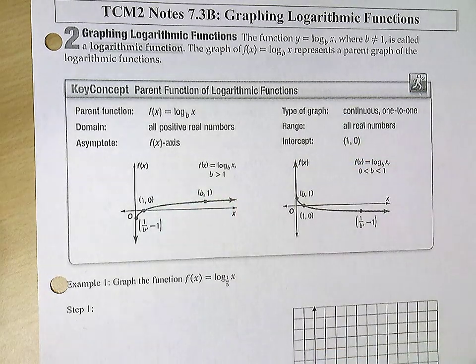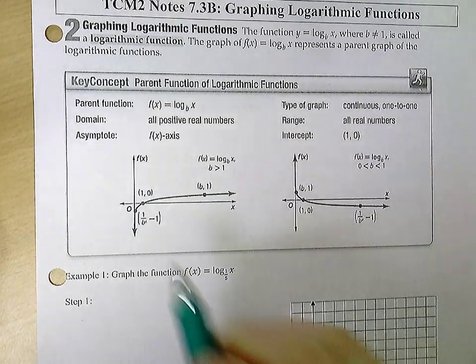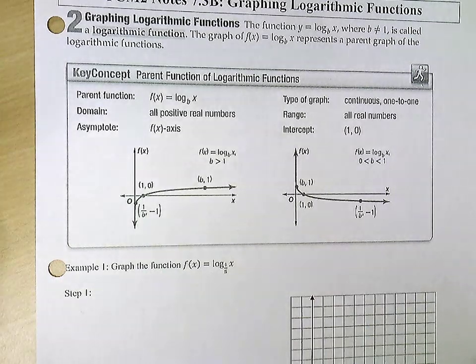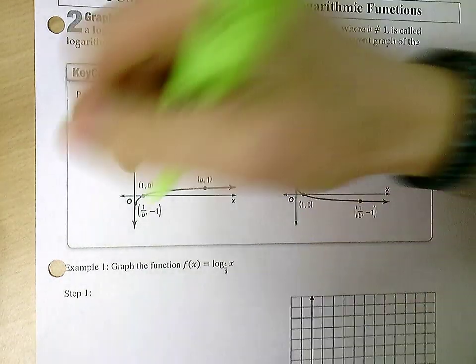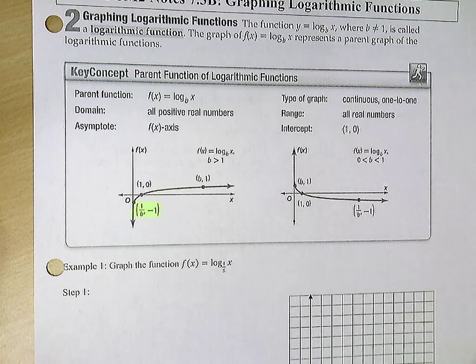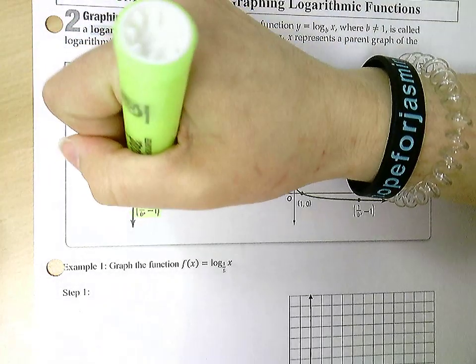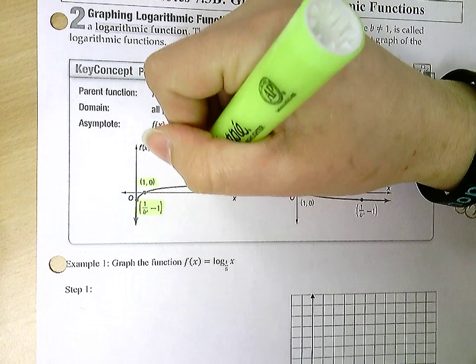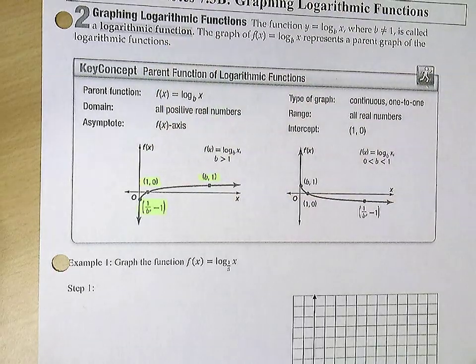Now it is fairly easy to find different points for a logarithmic function. We can just use these three here, and I'm going to highlight them. We can use 1 over b, comma negative 1; 1, 0; and b, comma 1. We can plot those 3 points, and then we can graph our line.